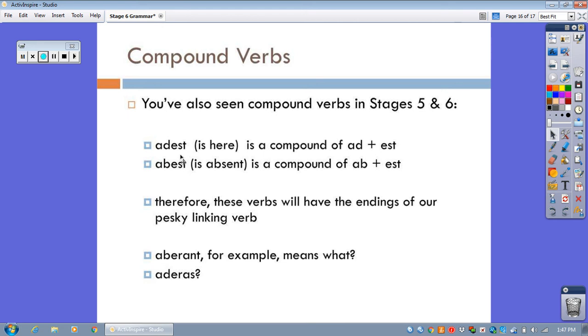So, for example, look at this one, aberant would be they were absent. Aderas, meaning you were here. And we'll practice more with that.